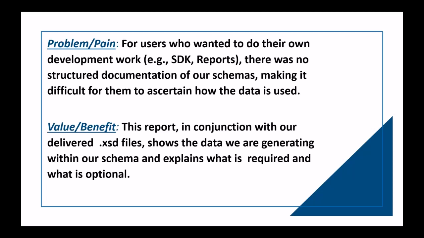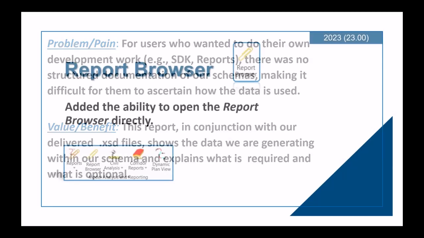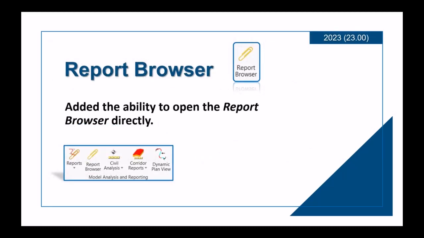And there was really no structured documentation of the schemas, which made it difficult to figure out what was going on. Using this report in conjunction with the XSD files that we delivered explains the schema. It tells them what information is required and what information is optional. So it's all documented for anyone that wants to do their own development work.